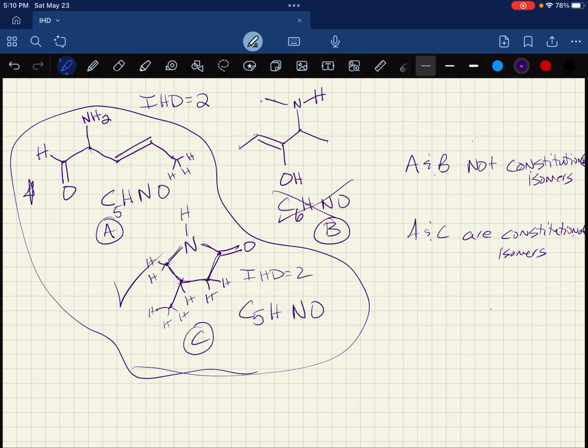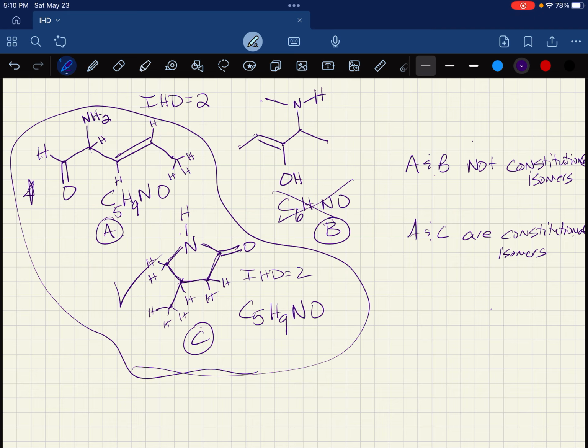I'm just drawing them out in case people are still getting comfortable with the bond line structures. So here we have 1, 2, 3, 4, 5, 6, 7, 8, 9. And then on structure A, we have 1, 2, 3, 4, 5, 6, 7, 8, 9 as well. So we've confirmed that they're constitutional isomers.